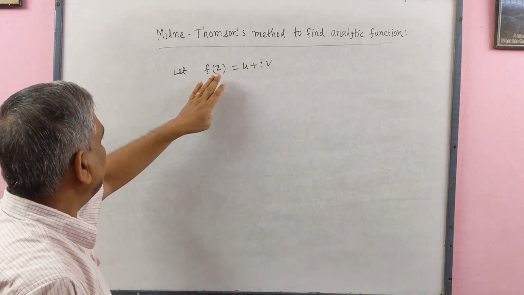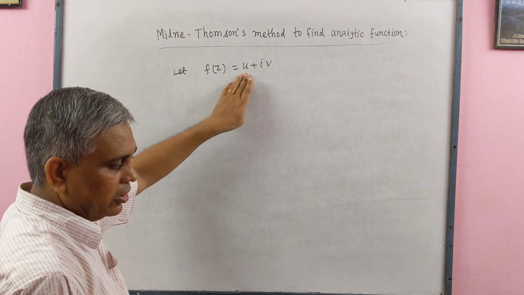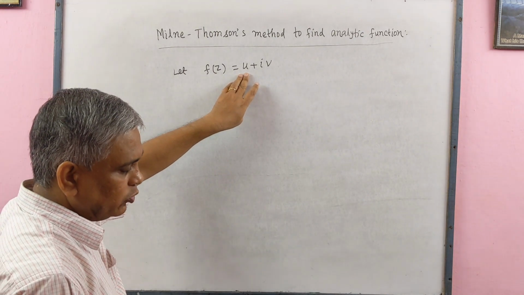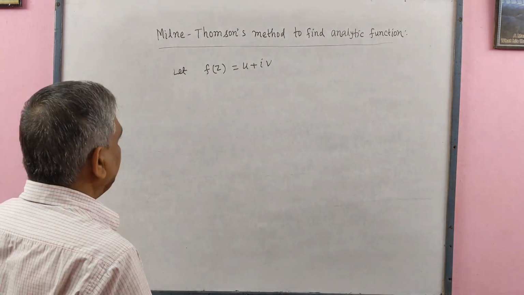That is, we may find f(z) equals u plus iv. U is known and we have to find both u and v very easily.